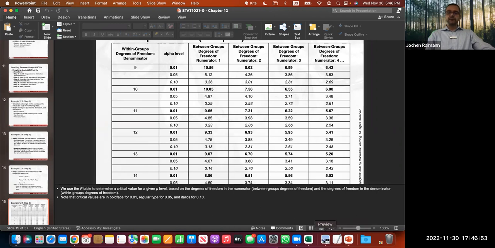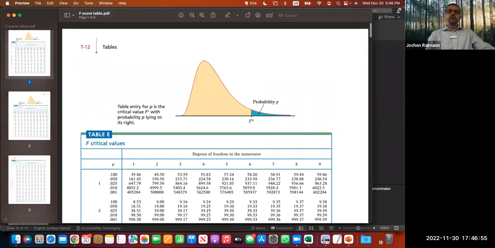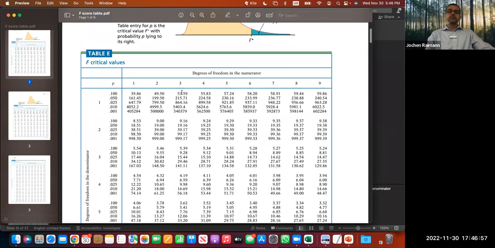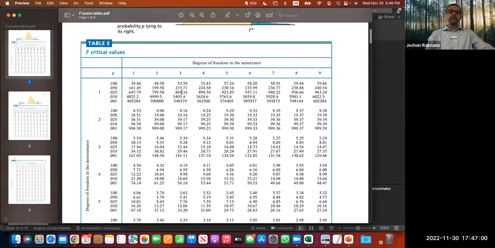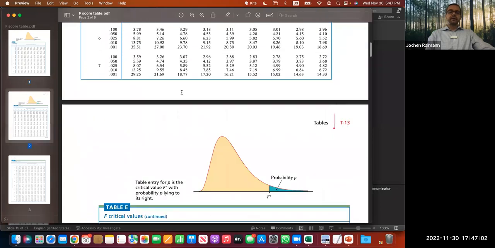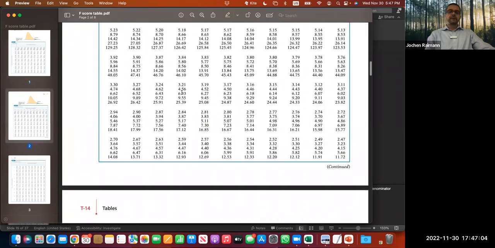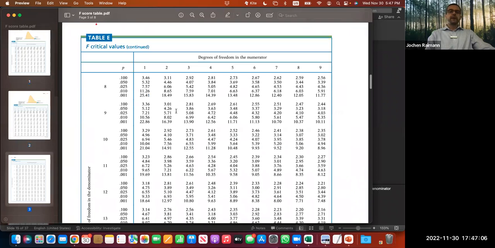So we have 3 in the numerator, and we have 9 in the denominator.